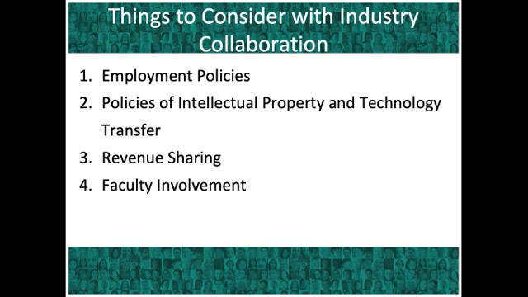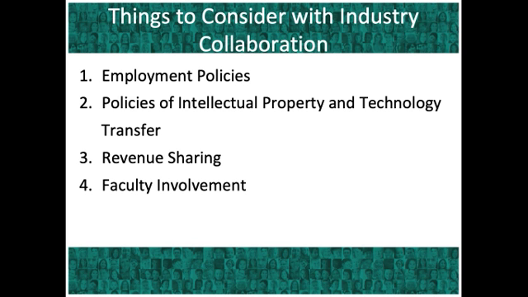You have to understand the policies of intellectual property and technology transfer. Again, most institutions, at least research-intensive institutions like Clarkson, will have an office of tech transfer that is devoted to looking at these issues and will have policies about intellectual property, but will also be the ones to negotiate any tech transfer agreement.